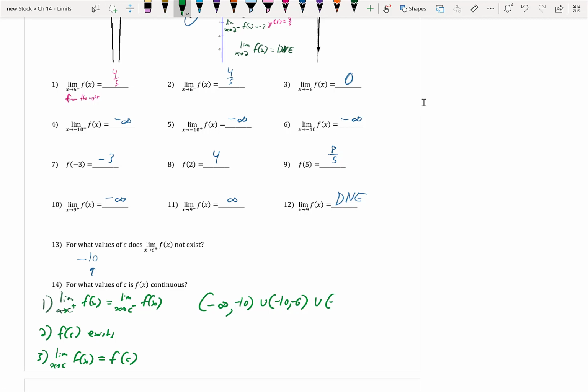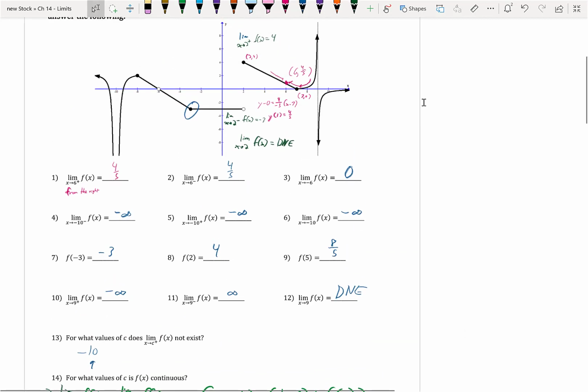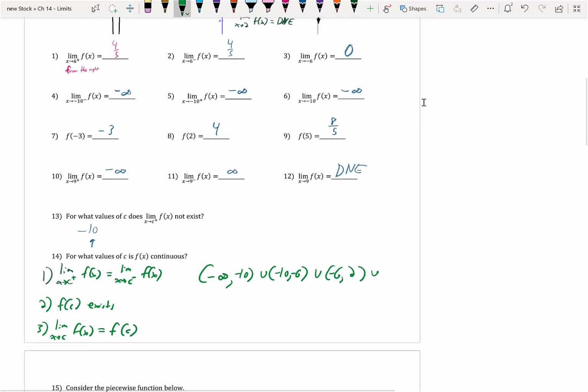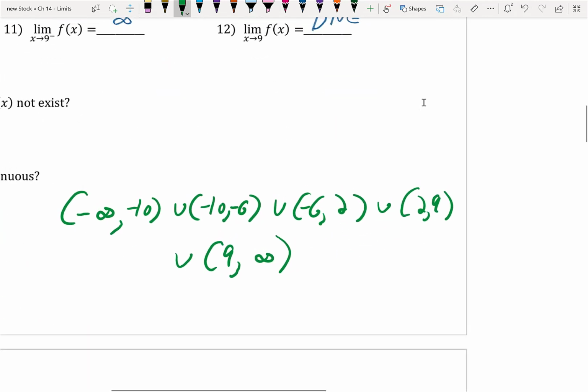Okay, negative 6 to 2. And then we go from 2 to 9, and then we go from 9 to infinity. Okay. To where?